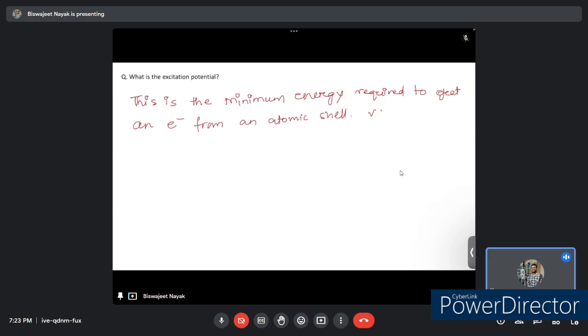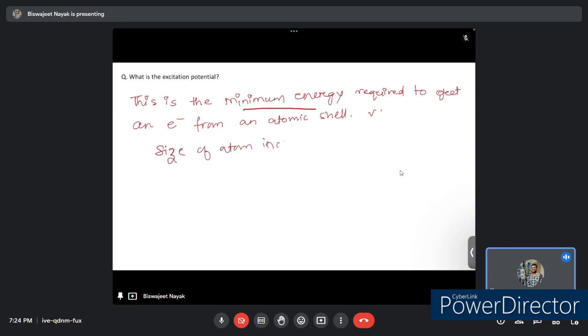So how does it depend on different parameters? As the size of the atom increases, the energy required to excite any particular transition line also increases.